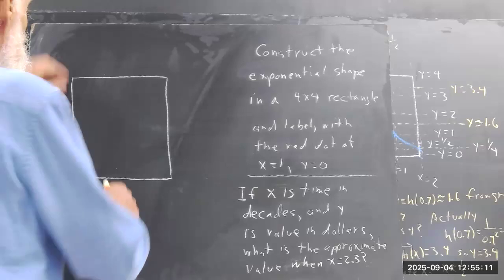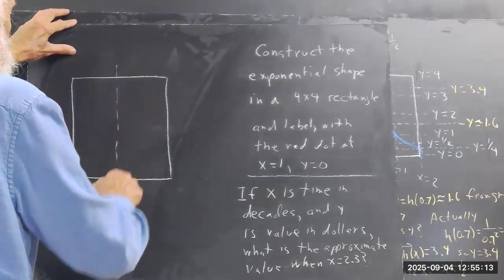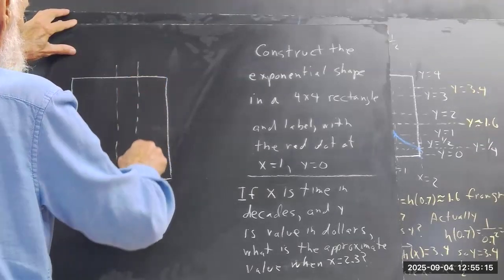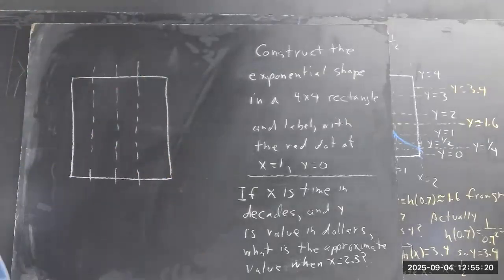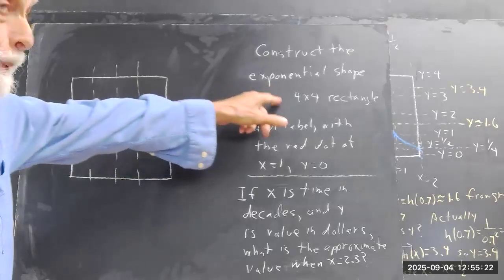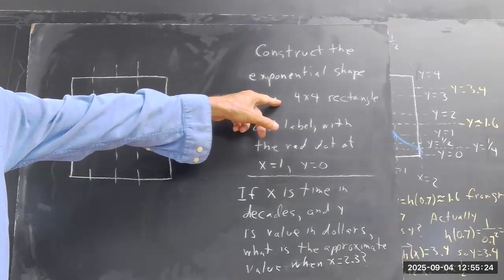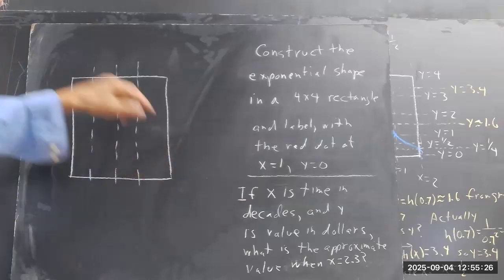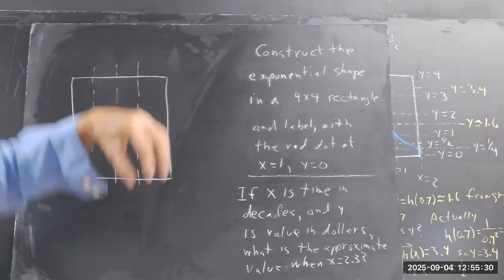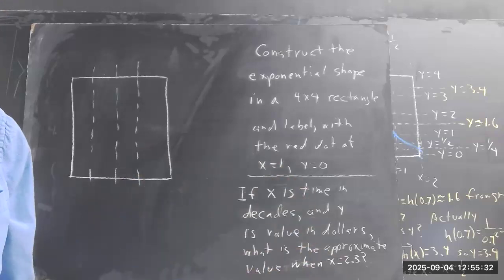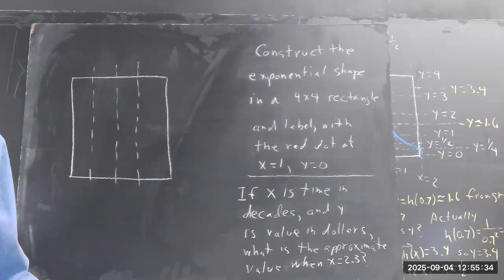Okay? So we fold the paper once, we get this crease. Fold the paper again, we get this crease. Fold it again, we get this one. There we have it. That's everything we do for an exponential shape. That's a type 1 graph. If we do another one between here and here, and another one between here and here, that's what we do for a type 2 graph or a type 3 graph. Okay.